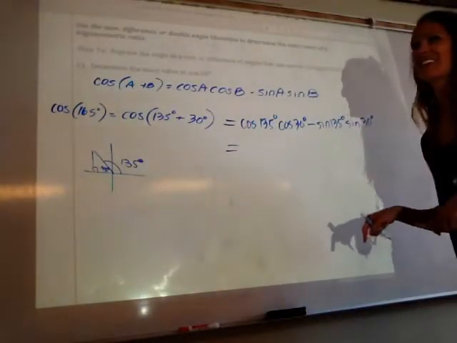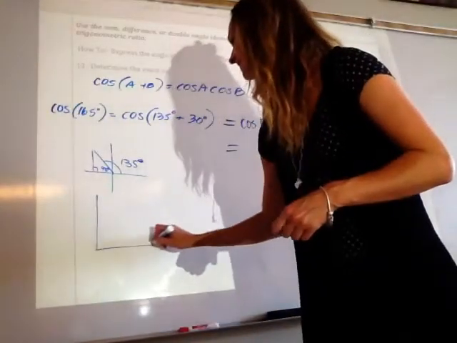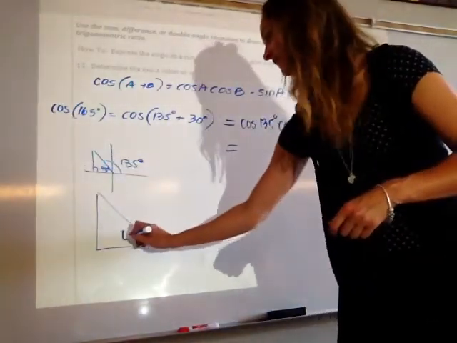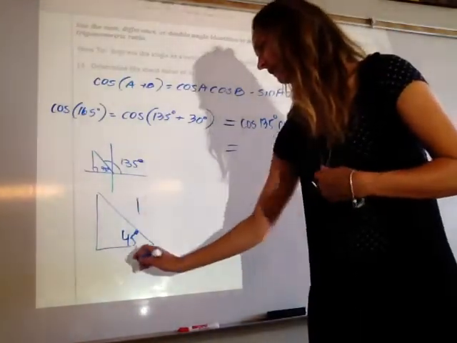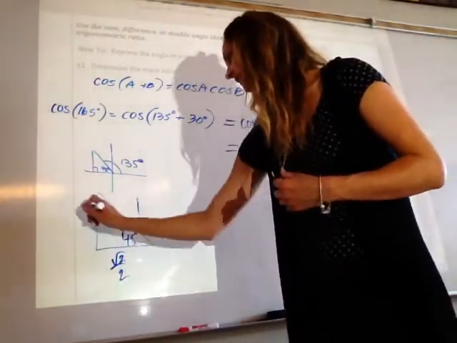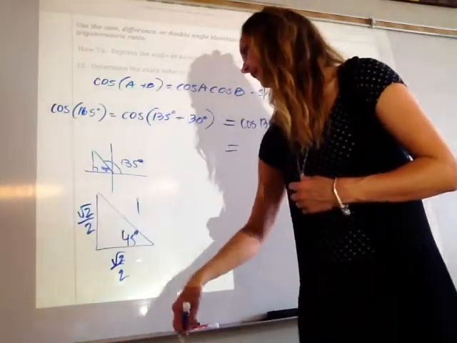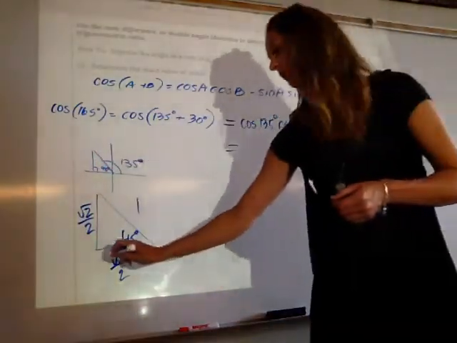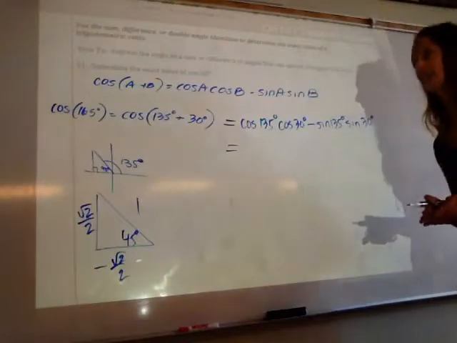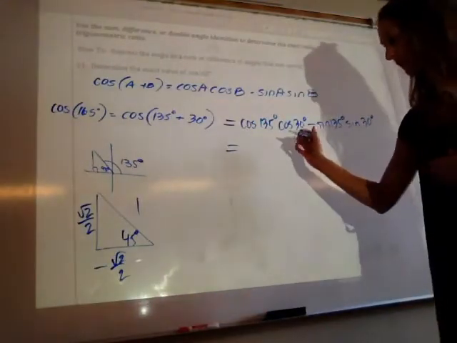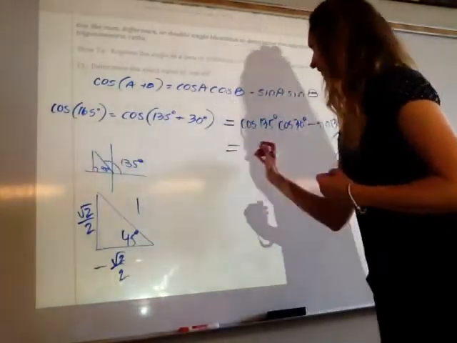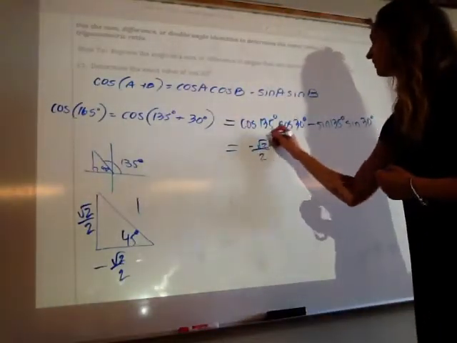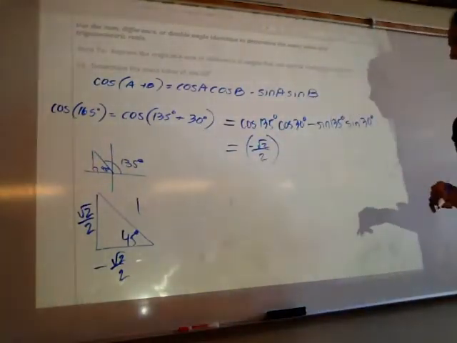Okay, so cosine 135, if I'm using special triangle, like I said, 45 degrees, we know that has a unit or radius of 1, root 2 over 2 on the x, and root 2 over 2 on the y. Because we're in quadrant 2, though, it's going to be a negative root 2 over 2 on the x-axis. Okay, so cosine 135 is the x-coordinate, negative root 2 over 2, getting the exact value.